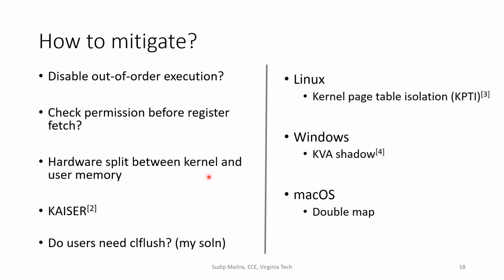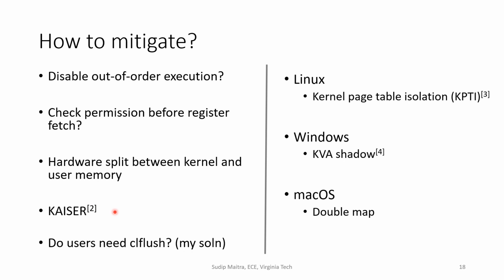What we really need is a hardware split between the kernel and user space. But that's a hardware solution and requires redesigning the CPU, which will take time. A quick software fix is KAISER, which is a patch where you do not copy over the entire kernel on the user memory and only keep the essentials.